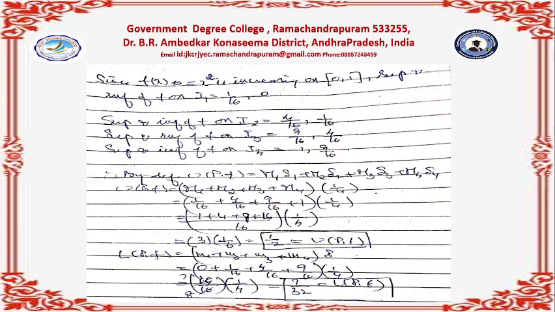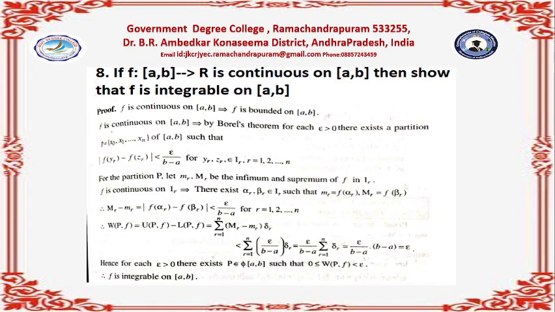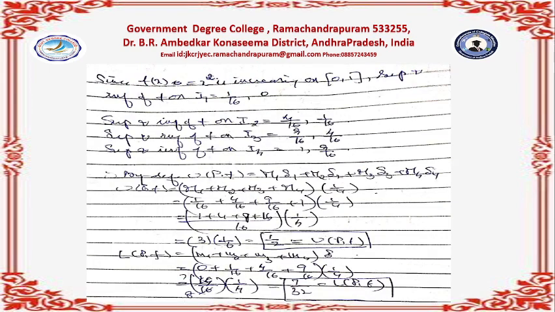Now, since f of x is equal to x square is increasing on the closed interval 0, 1, the supremum and infimum of the function in the interval 0 to 1 by 4 are: supremum equal to 1 by 16 and infimum equal to 0.